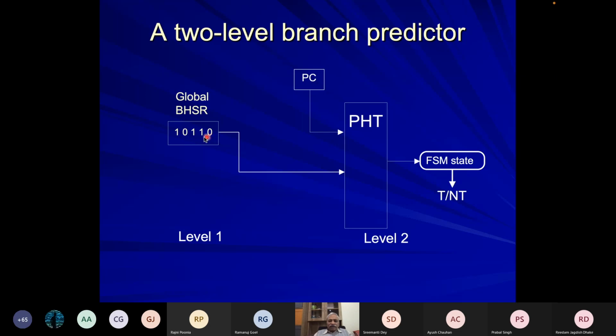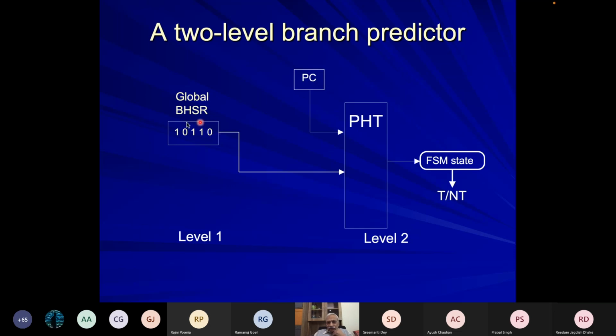When I say other, actually it could also include the same branch, depending upon what path has been followed. Suppose we have, let's say, 10 bits here. Out of those 10 bits, 1 or 2 bits might correspond to the same branch, but that doesn't matter. It is the last branches which occurred before this, what was their state.